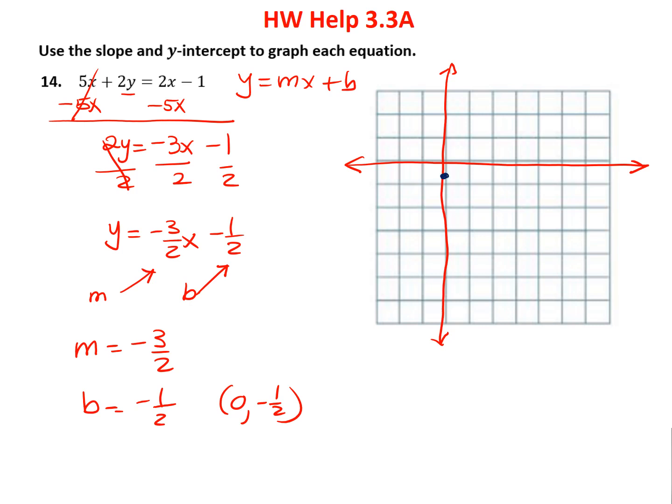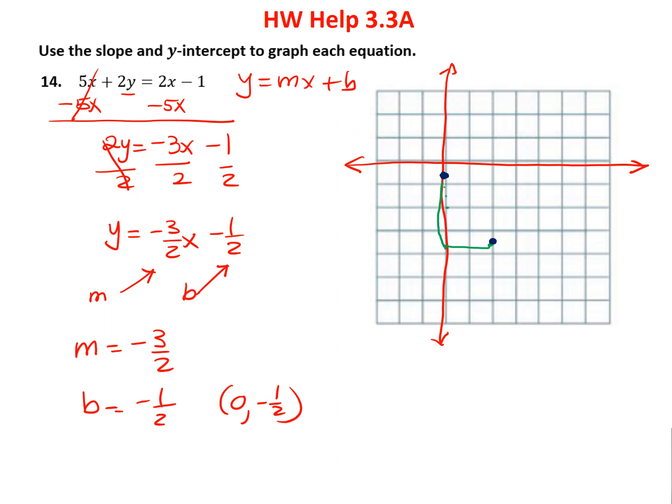I'm going to be right there halfway. And then my point is it goes down 3 halves. So if I'm counting here, I go down 1 half, 2 halves, 3 halves. Or I could do it this way, 3 over 2. So 1, 2, 3. So we come down 3, and then over 2. So our point's going to be sitting right here.